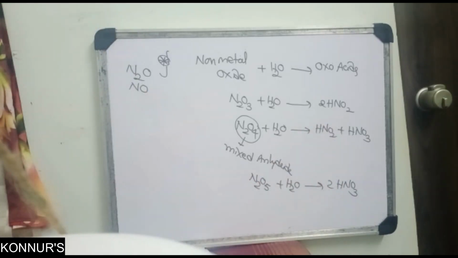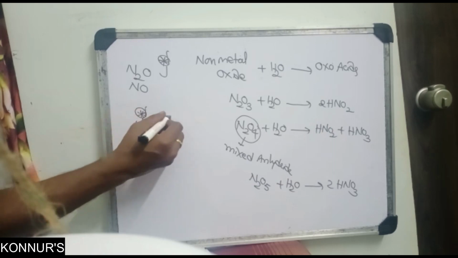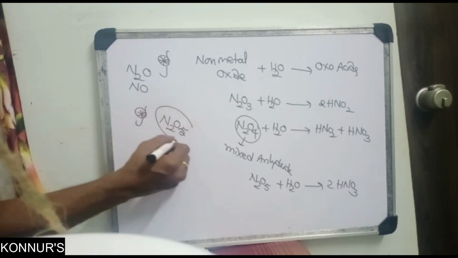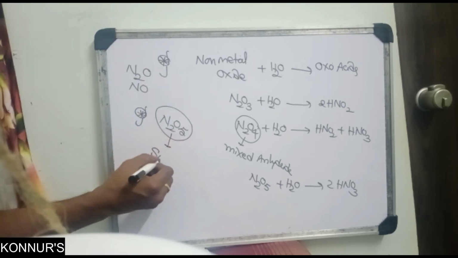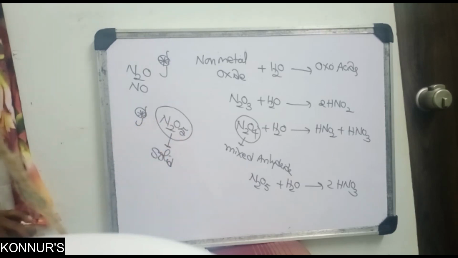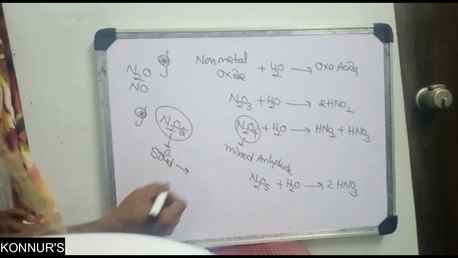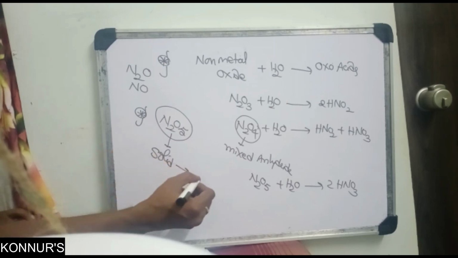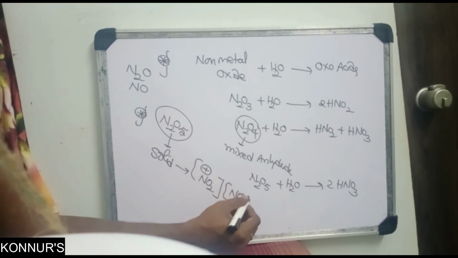In these compounds, N2O5 has some speciality. It is available in solid form. Actually, N2O5 is a non-metal oxide, and non-metal compounds are generally available as liquid or gas only. But N2O5 is available as a solid. In what way is it a solid? It contains NO2 plus ion attracted with NO3 minus ion.